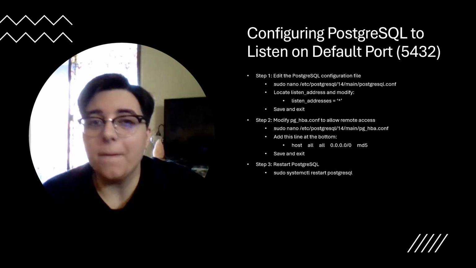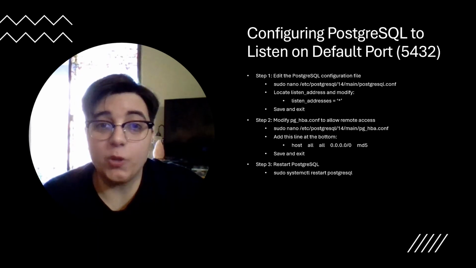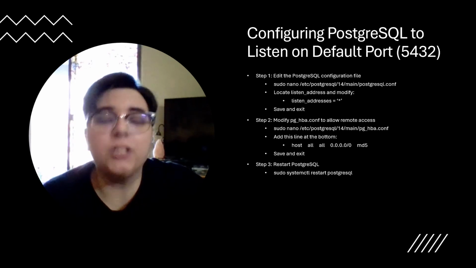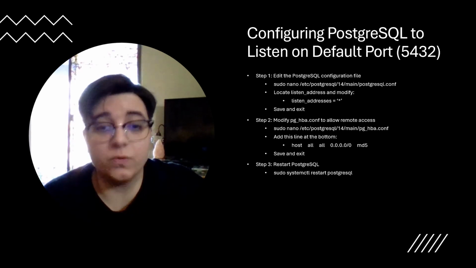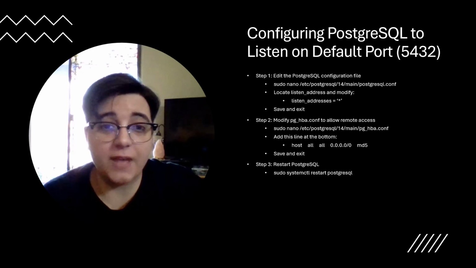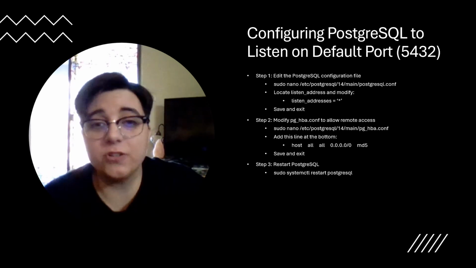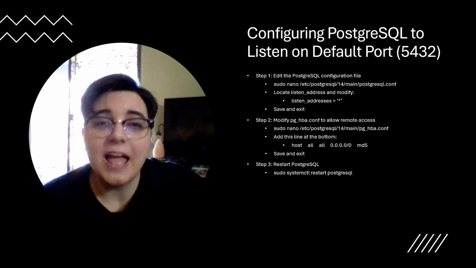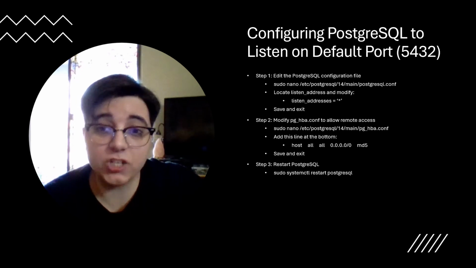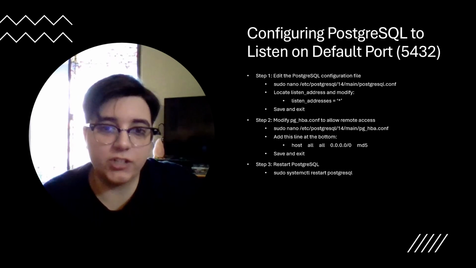By default, PostgreSQL is locked down to local hosts only, as we said before. That's great for security, but useless if you actually want to connect remotely. To fix this, we need to change a couple of the configuration files. First, we edit the PostgreSQL configuration file and tell it to listen for external connections instead of just local ones. Then we modify the authentication file to actually allow those connections.